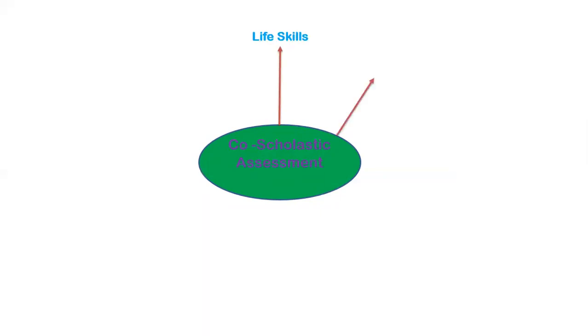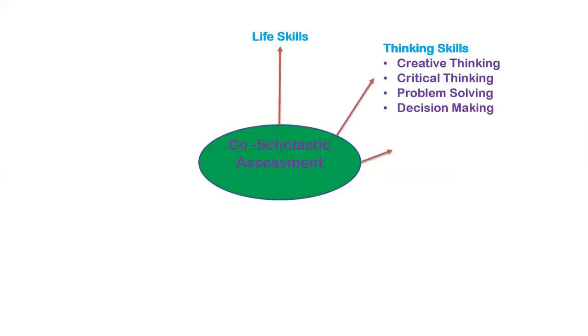Then you have thinking skills, which involve creative and critical thinking, problem solving, decision making, and then you have your co-curricular activities. Co-scholastic assessment is not only the co-curricular activities. It talks about the ten life skills which you have: interpersonal communication, problem solving, decision making. This is how it is involved.